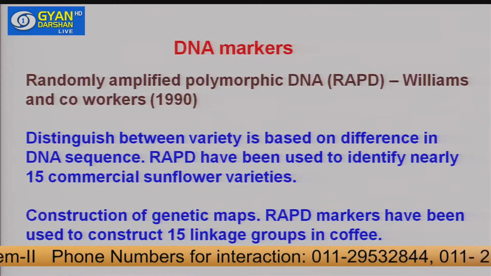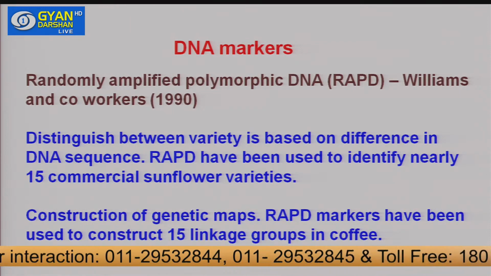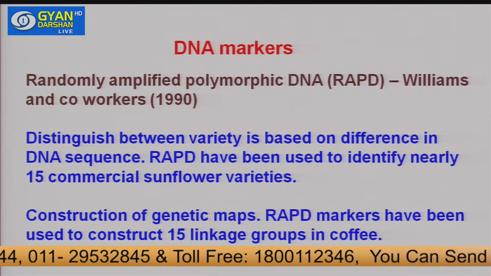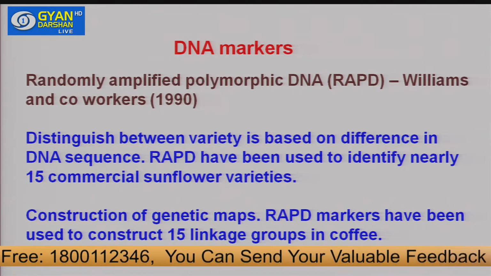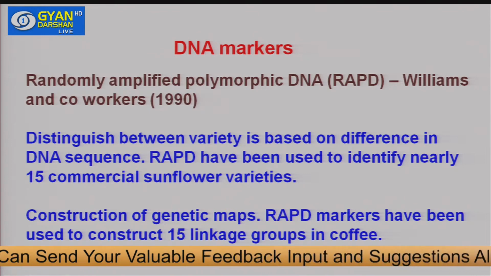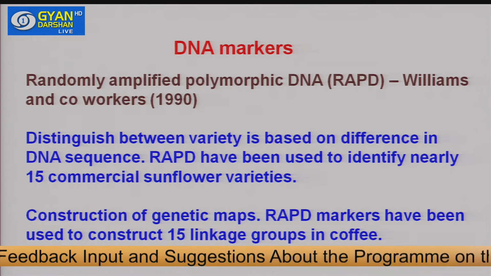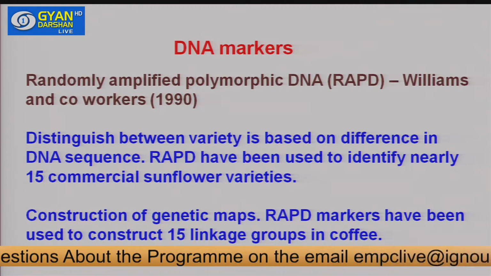Next we go to another DNA marker, that is RAPD, randomly amplified polymorphic DNA, which was identified by Williams and co-workers in 1990. Now, what are the applications of RAPD? Distinguish between varieties. For instance in sunflower, almost 15 commercial varieties have been identified using RAPD. Construction of genetic maps.